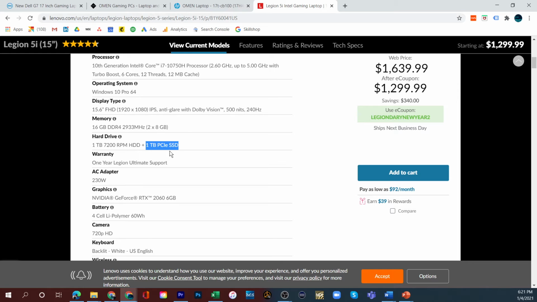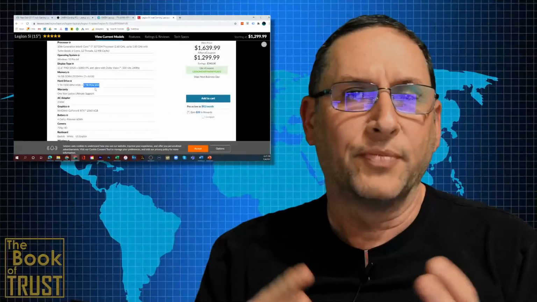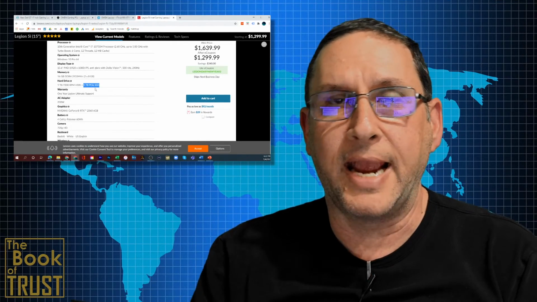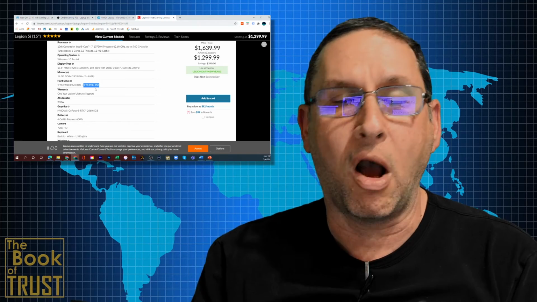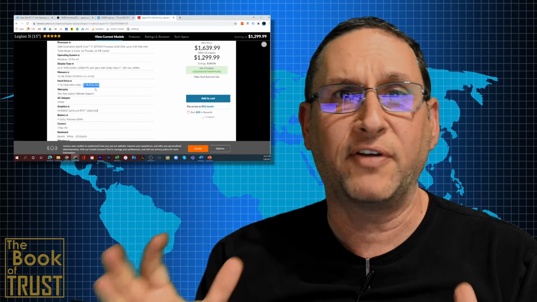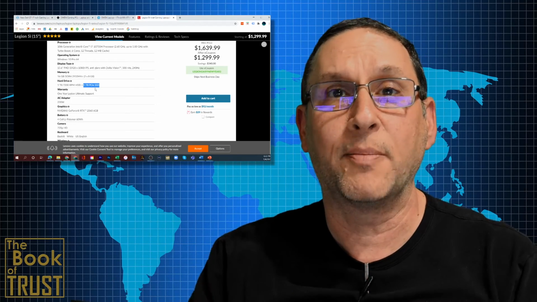So when you're looking at disk drives, my preference is to always get SSD and SSD only. You need to ask yourself, how much storage do I need? And it really depends on what you're going to do with that computer. If you'll only do, I don't know, office applications and things like that, you could probably get away with 500 or 512 gigabytes total.